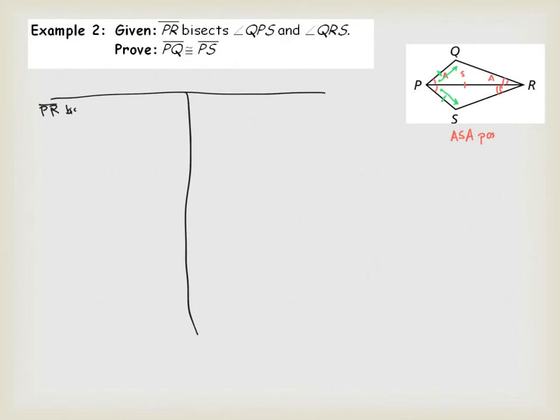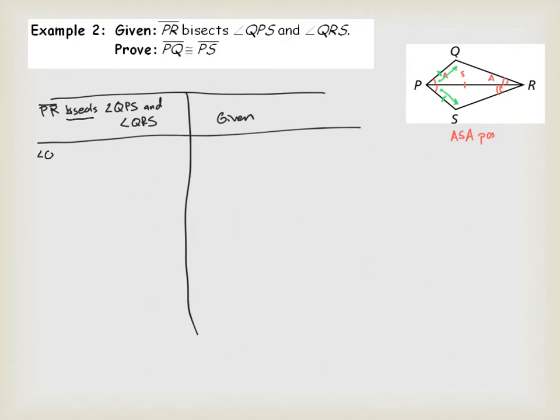PR bisects the angles. And this is our given. Now the first thing I'm going to do, since our given talks about a segment bisecting angles, is I'm going to mention that next in my proof.